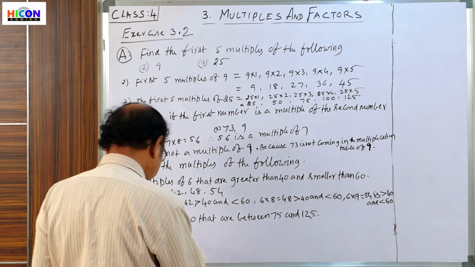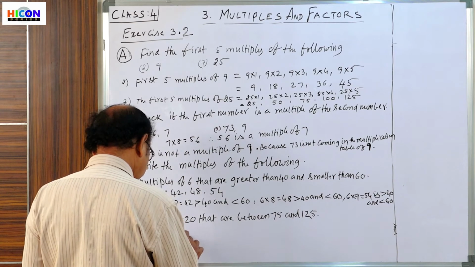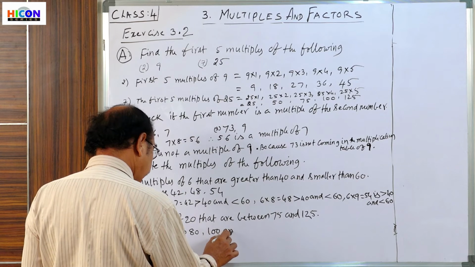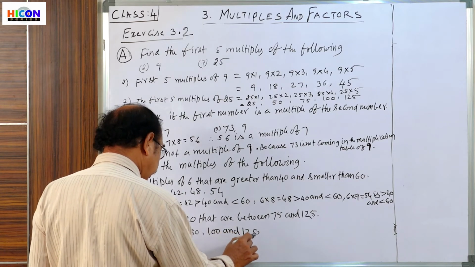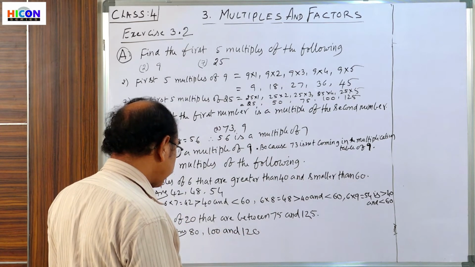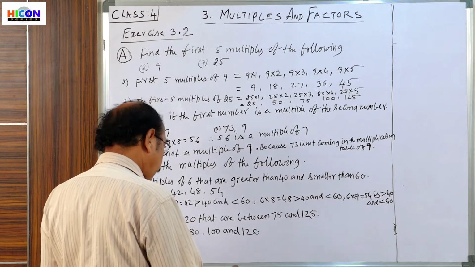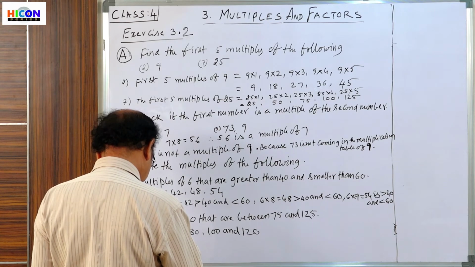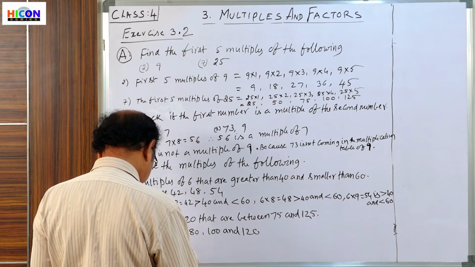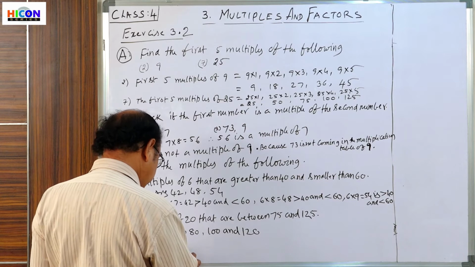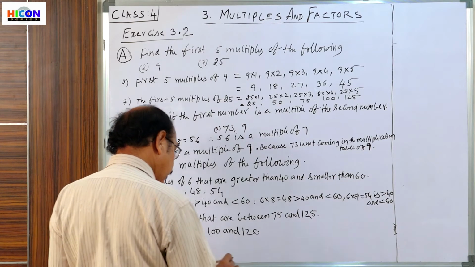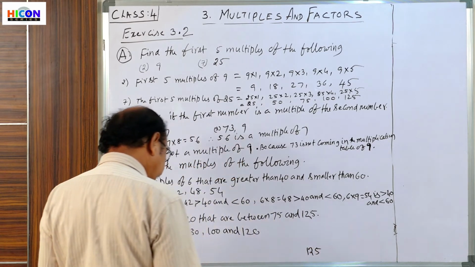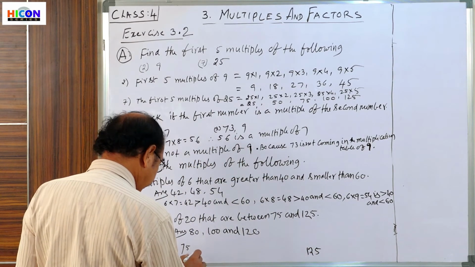The answer is 80, 100 and 120. See here, in between 75 and 125, we can get multiples of 20.